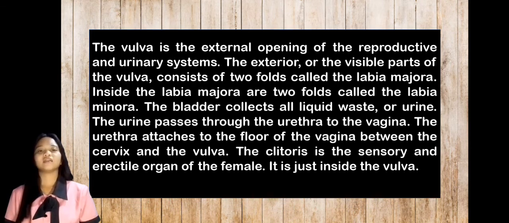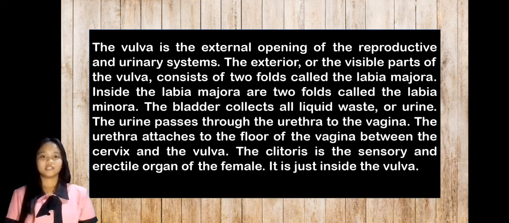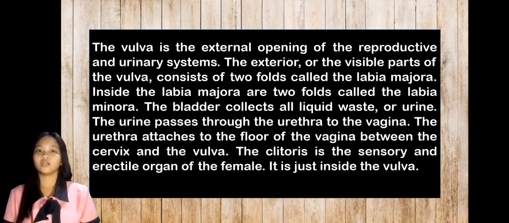The vulva is the external opening of the reproductive and urinary system. The exterior or visible parts of the vulva consist of 2 folds called the labia majora. Inside the labia majora are 2 folds called the labia minora.